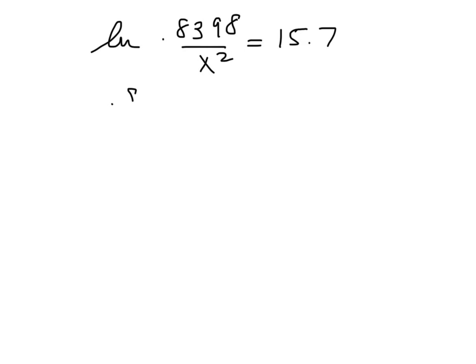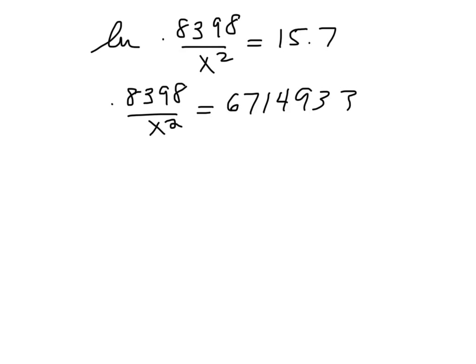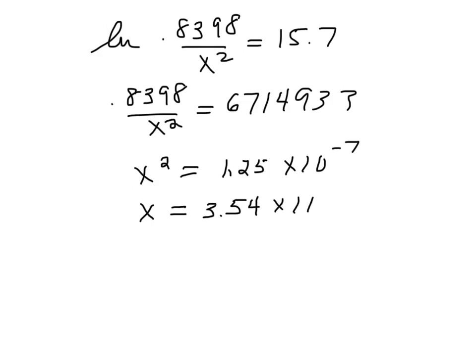So I get 0.8398 over x squared equals 6714933, big number. Okay, so x squared equals 1.27 times 10 to the minus 7, and x is 3.54 times 10 to the minus 4, and that's the molarity of H plus.